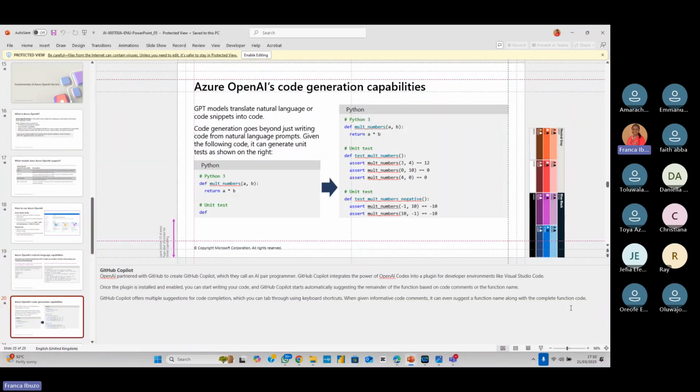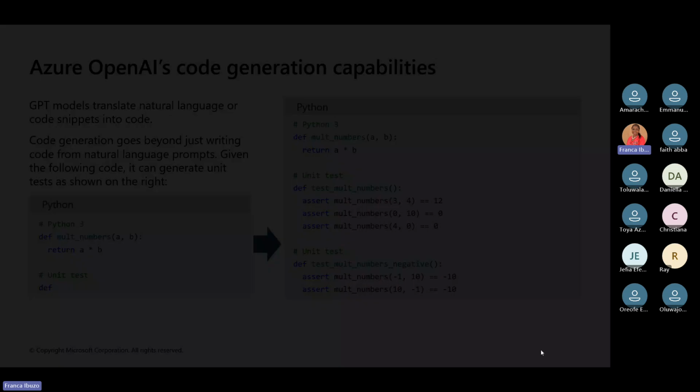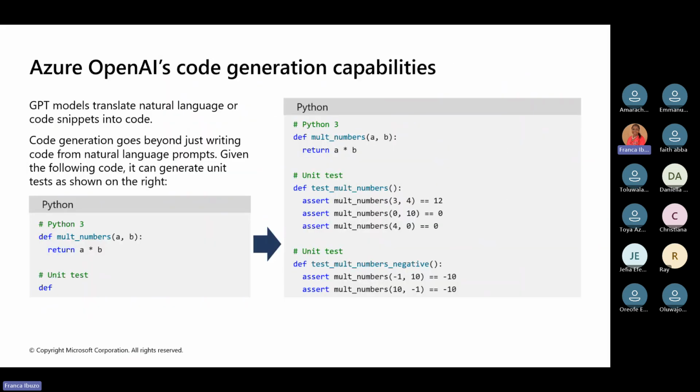Okay, let's look at Azure OpenAI's code generation capabilities. If you can write Python, fine, but this helps out also. If you can code, that's good, but this helps in code generation too.